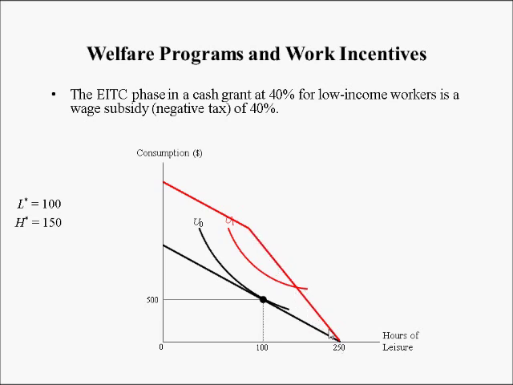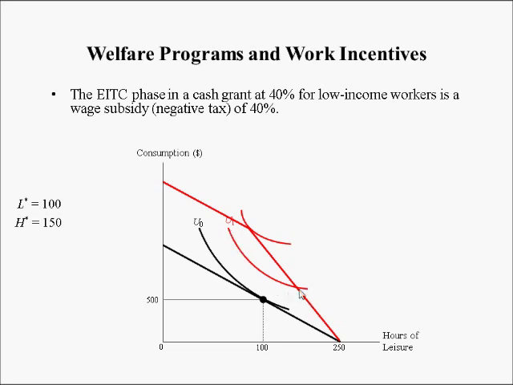We call this the phase-in region. And there's a region where it acts like a transfer, a parallel shift in the budget line. The phase-out region is not shown in this diagram. The phase-out region is a flattening of this red Earned Income Tax Credit line. Recall that when the benefit reduction rate was 50%, this indifference curve here represented the maximum amount of utility the consumer had when the benefit reduction rate was 50%.